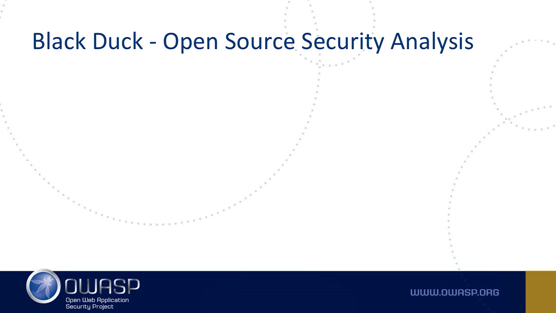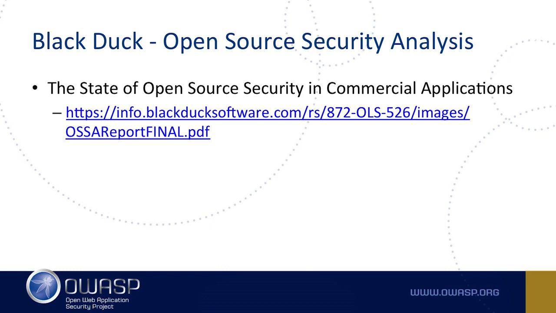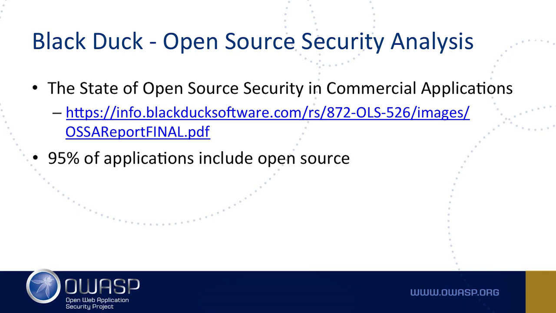So, Black Duck is actually one of the commercial solutions in this space. They had a great paper that they released earlier this year titled The State of Open Source Security in Commercial Applications. There's a link to the paper. These slides are available. But I just want to go over some stats from this paper because it's really interesting and scary.